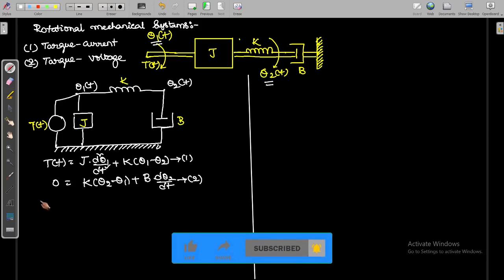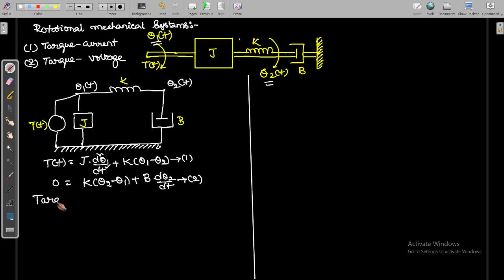Now we will write the torque current analogy equations. The torque is replaced with the current, I of t. J is replaced with the capacitor, k is replaced with the inverse of inductance, and b is replaced with the inverse of resistance.